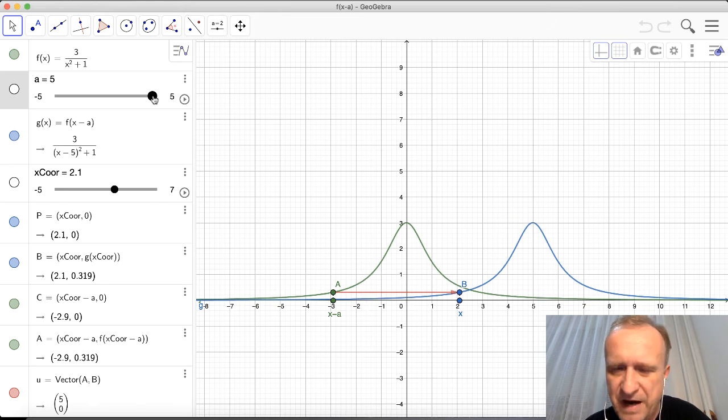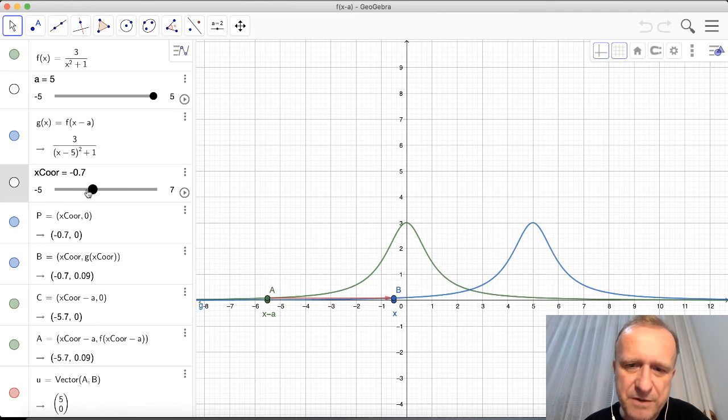So if a is 5, the blue curve is shifted or translated to the right by 5 units. And the reason for that is that once you have the point x, then x minus a is 5 units to the left, and you take the function value of the green function at this point and use this function value for our point x. Okay, so you see how it works.